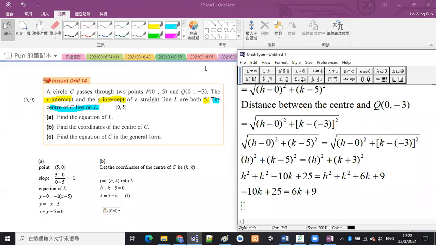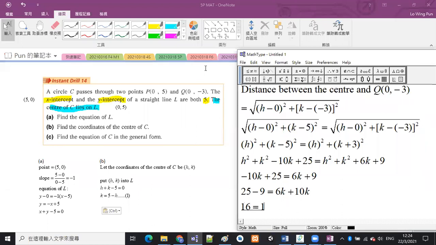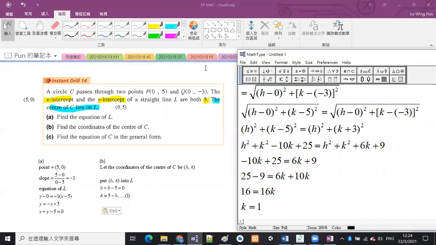Okay, and there is no more h term. Only the k term is still here. So from this equation, I can already calculate the value of k. Moving the k terms to one side and the constant terms to the other side, we get 16 equals 16k, which means that k is equal to 1.